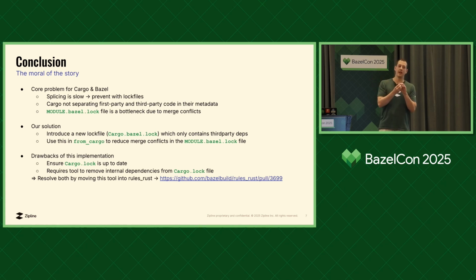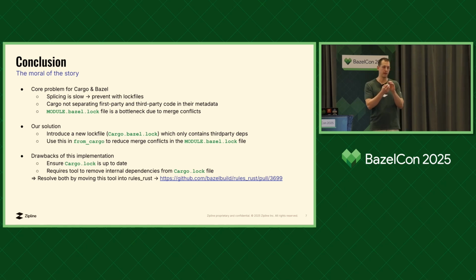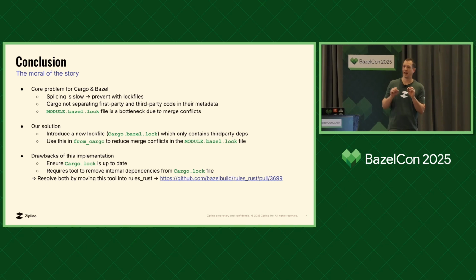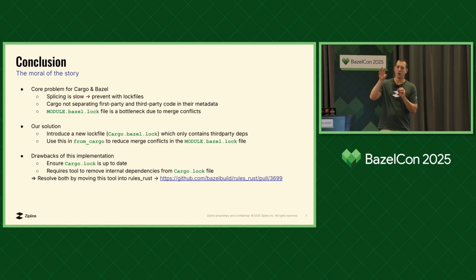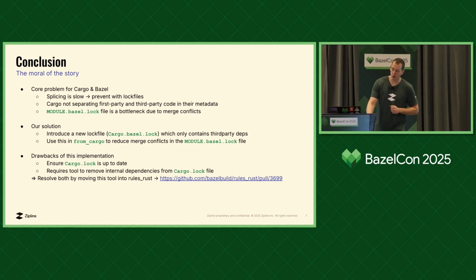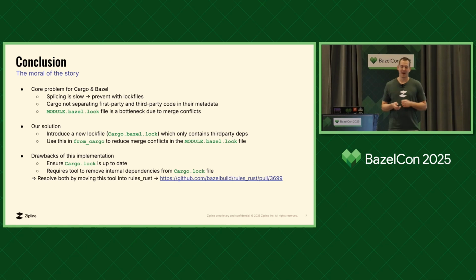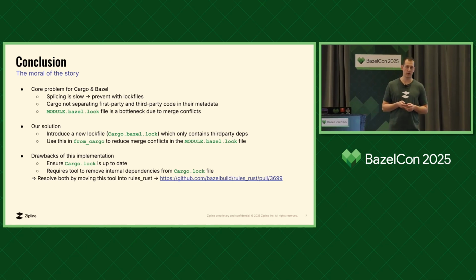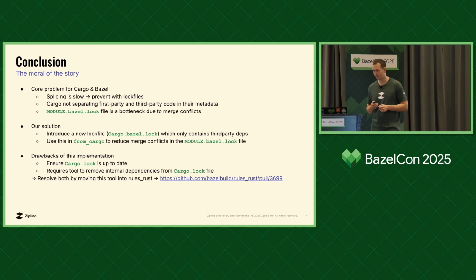Now, by removing the internal dependencies from the cargo.lock file and only storing third-party dependencies, we reduced that source of merge conflicts in the module.bazel.lock file, which again allowed us to have that in version control and run cargo splicing less frequently. So it was quite a detour to get there, but now, with the PR landed on the latest main of rules Rust, you can try that if you want.